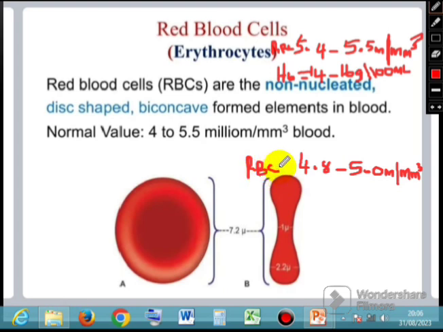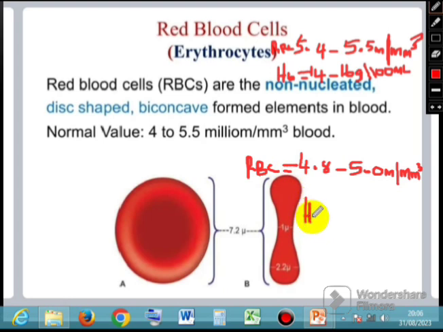with hemoglobin concentration of 13 to 15 grams per 100 ml of blood.